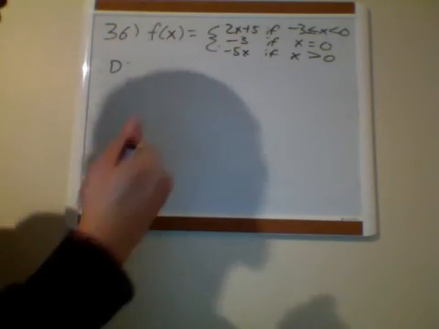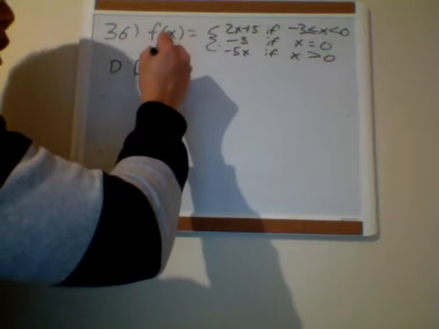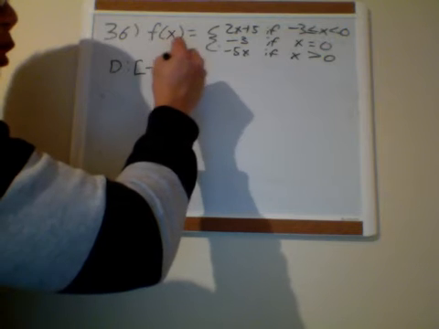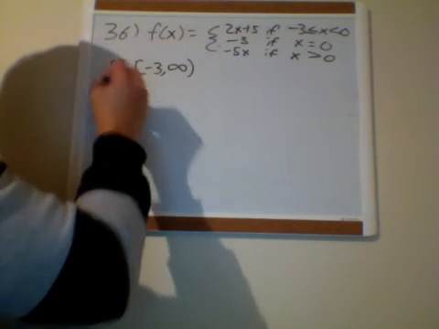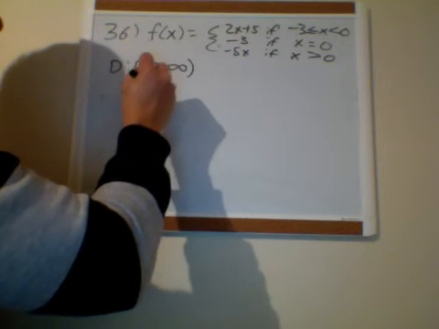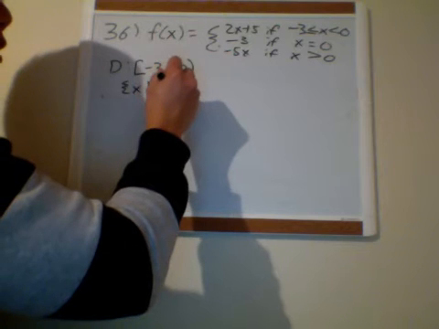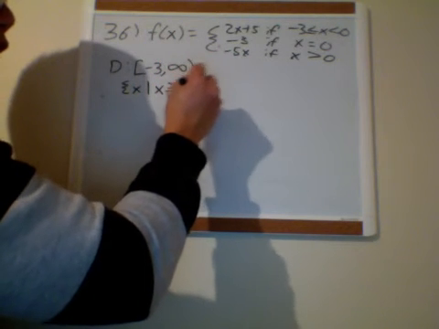So my domain will start at -3 and it will go to infinity. Another way you could say this is all x such that x is greater than or equal to -3.